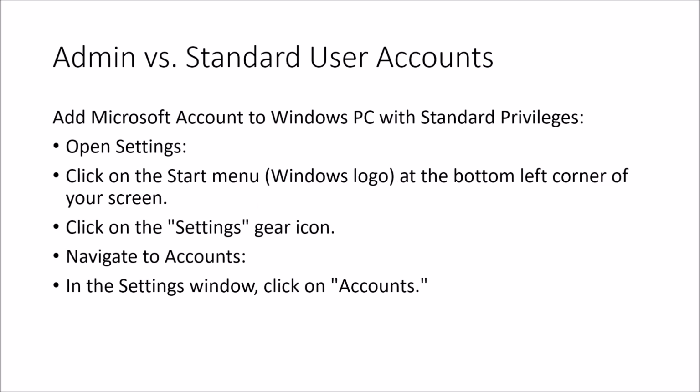To add a Microsoft account to a Windows PC with standard privileges, you want to go to Settings. Click the Start menu, Windows at the bottom left corner of your screen. Click on the Settings icon, and then navigate to Accounts.